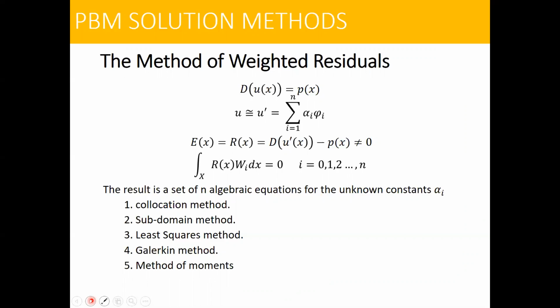Suppose we have a linear differential operator D acting on a function U to produce a function P. We wish to approximate U by a function U', which is a linear combination of basis functions chosen from a linearly independent set. That is this one.